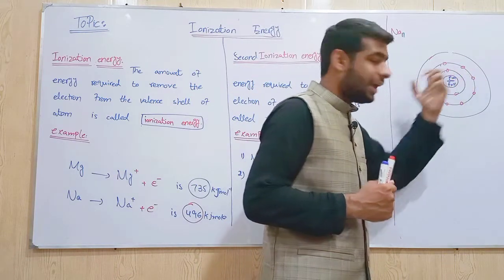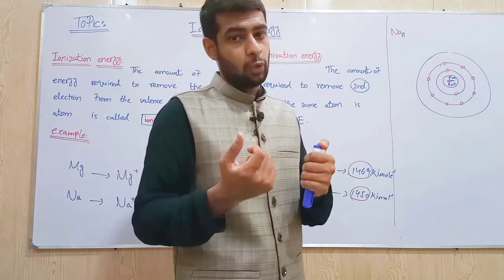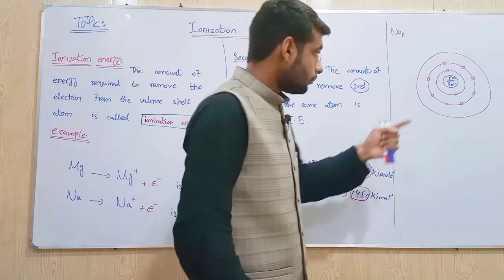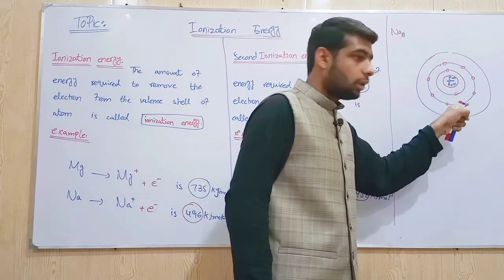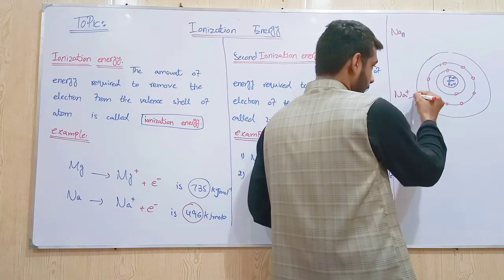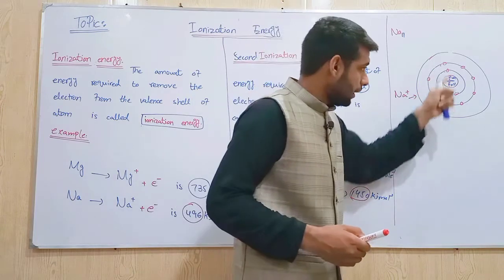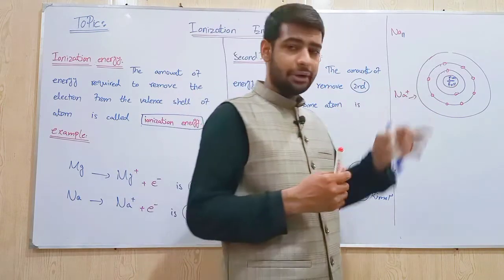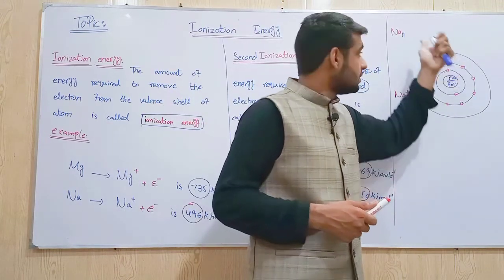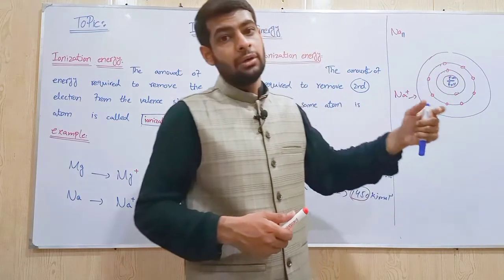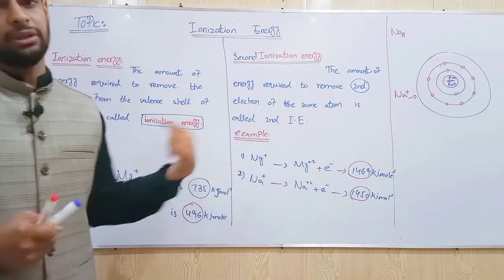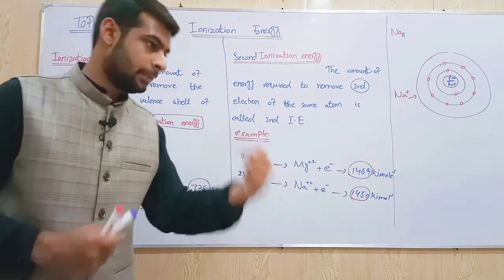This means the electrostatic force of the protons is stronger than in sodium with 11 electrons. Now 10 electrons remain in Na positive. The electrostatic force of attraction between the nucleus and the electrons is strong. That's why removing the second electron from this atom is more difficult than removing the first electron. It is the reason for the huge difference between the first and second ionization energy.